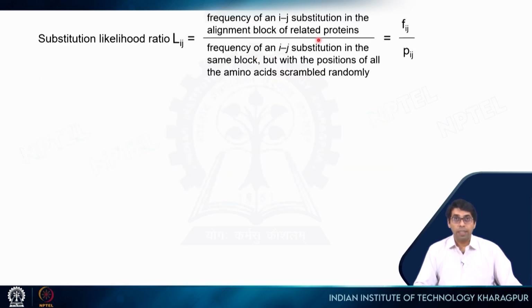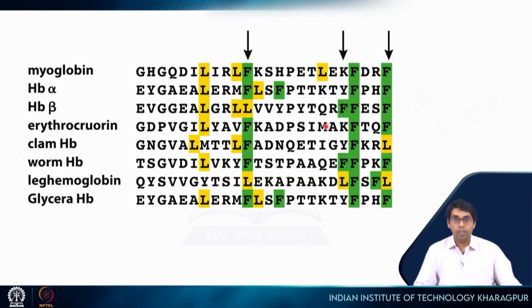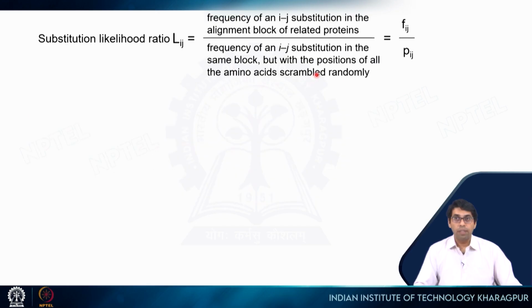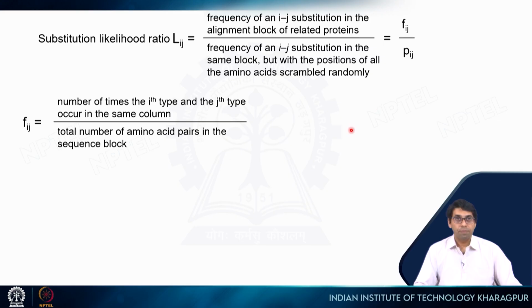Frequency of this is divided by the frequency of this ij substitution in the same block, but with the positions of all the amino acids scrambled randomly. So, if I take all these amino acid sequences and scramble them randomly and then calculate the L and F substitution, that will give me the denominator. So, these are the 2 numbers.